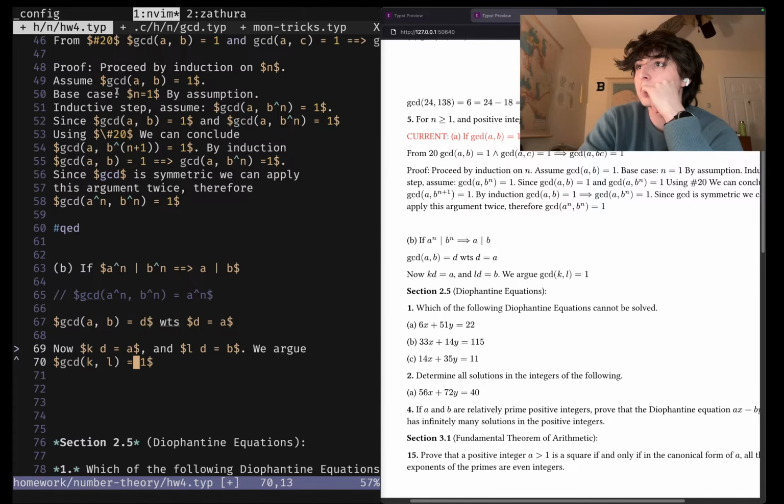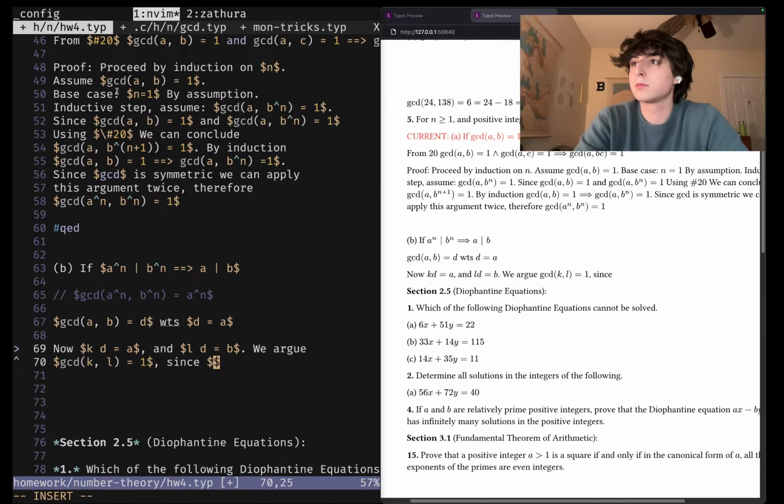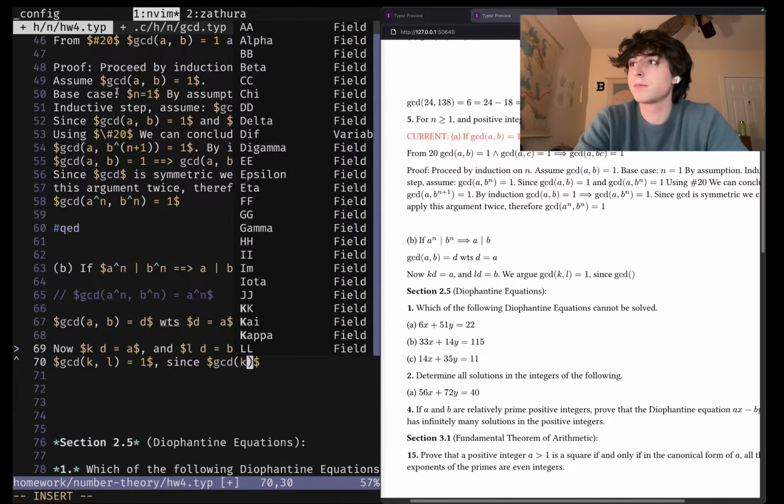Because the GCD of K and L times D must divide both A and B, it must also divide D. So then that better be equal to 1.